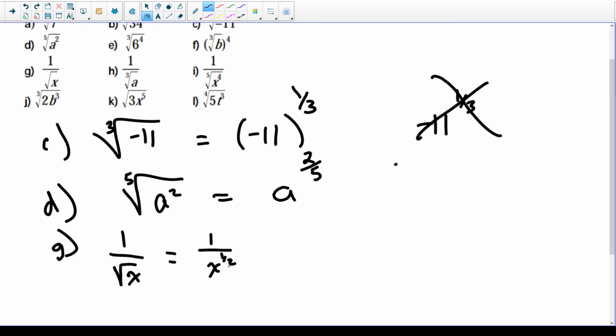So that's 1 over x to the 1/2. Roots and bases are bad, but negative exponents are, in my opinion, worse. So the textbook actually writes this as x to the -1/2. But I told you the other day that you shouldn't have a negative exponent in your final answer.